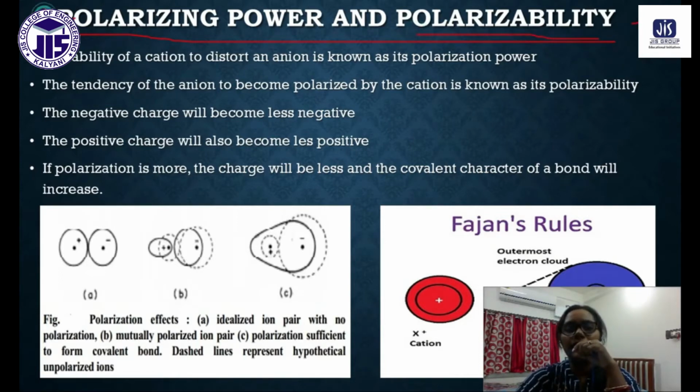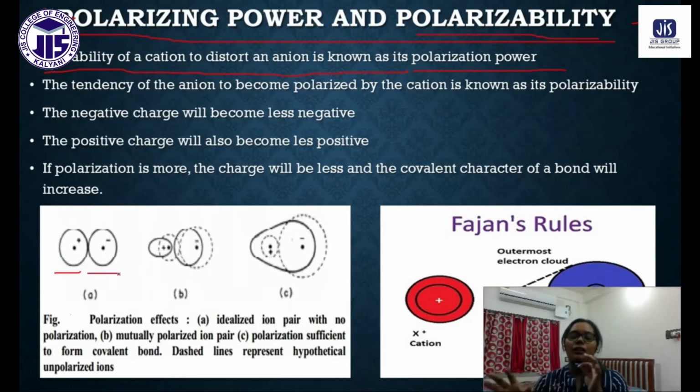The ability of a cation to distort an anion is known as polarizing power. Now, if one positive charge and one negative charge come closer to each other, what will happen?